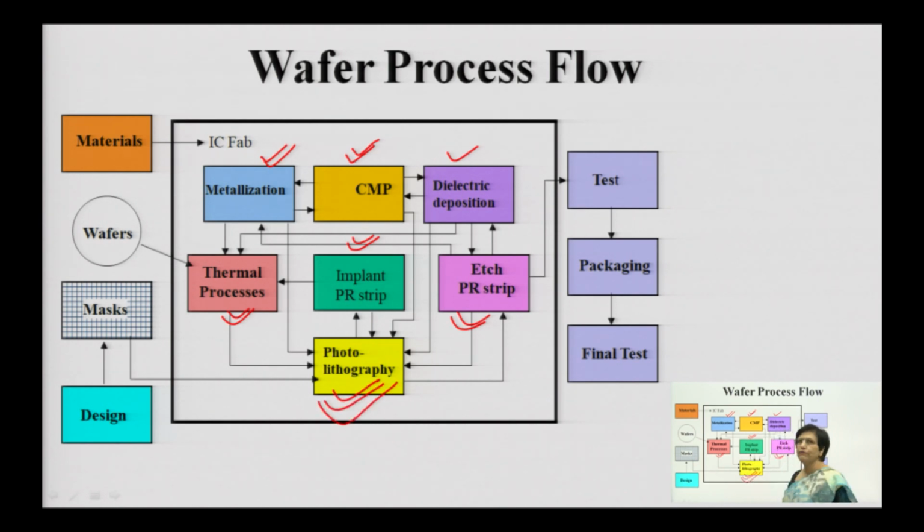Without photolithography, you cannot select patterns, or the patterns cannot be transferred onto the wafer to carry out these tasks. So, you need to carry out photolithography and isolate and earmark those areas, so that these individual processes can be executed. This earmarking, this identification or pattern transfer, is done using masks, and those masks are designed first.